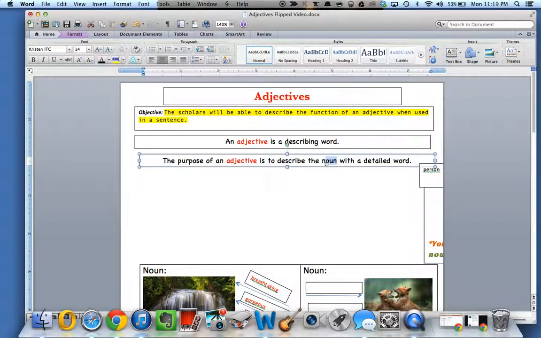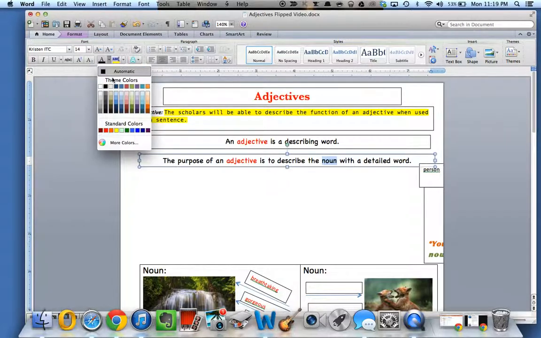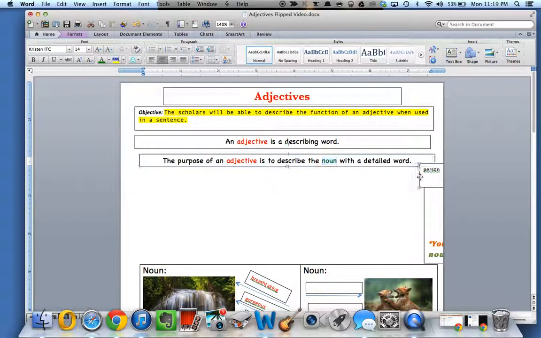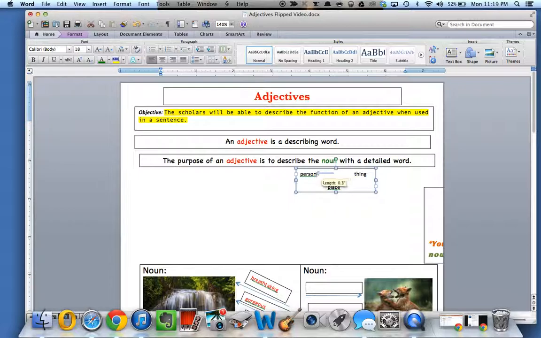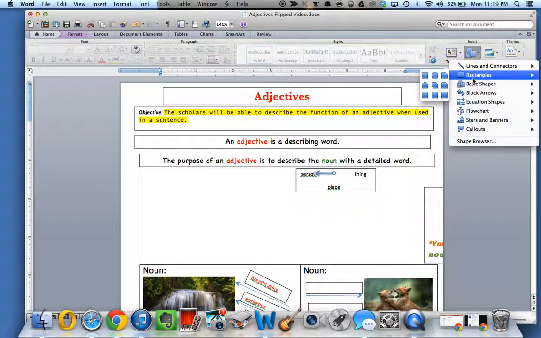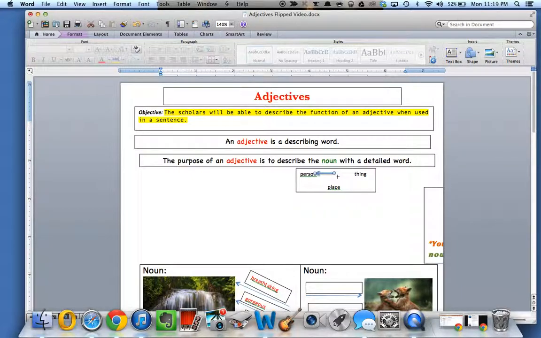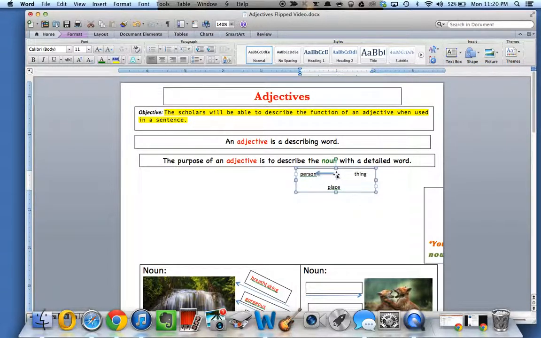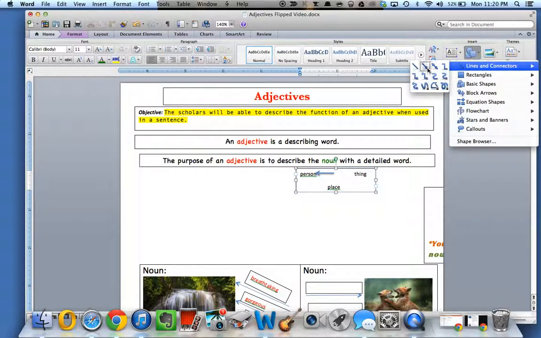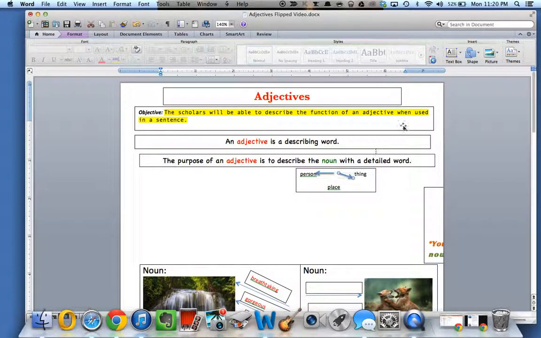And we've talked about what nouns are. Let's see if you remember what they are. Nouns are words that describe a person, a place, and a thing.